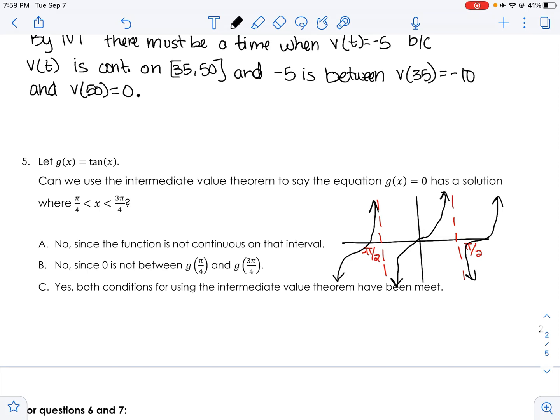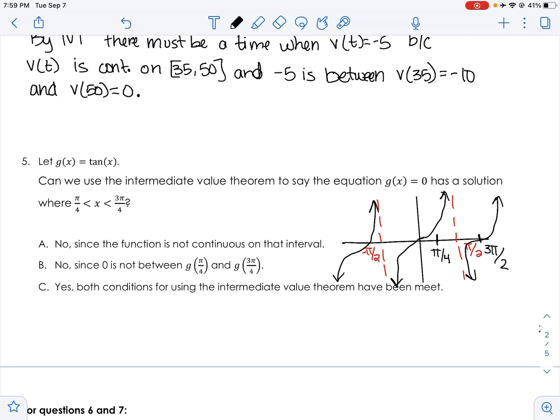Okay, so if we look at it, we notice that pi over 4 is going to be somewhere over here, and 3 pi over 4 is somewhere on the other side of that asymptote.